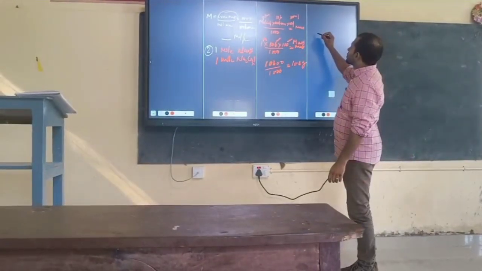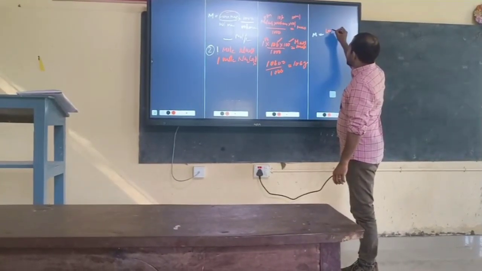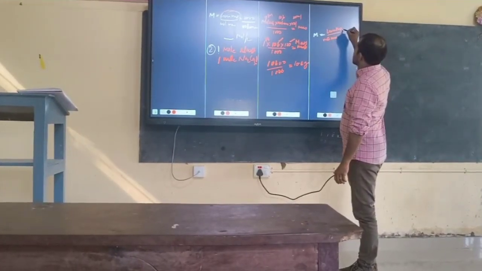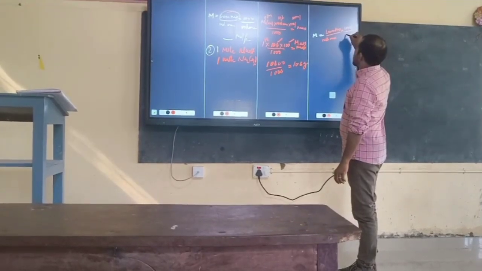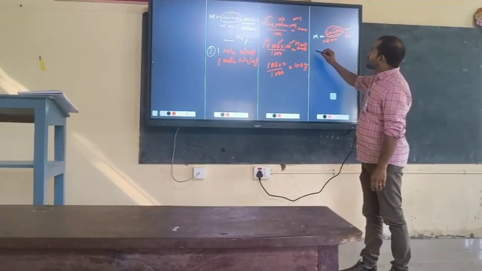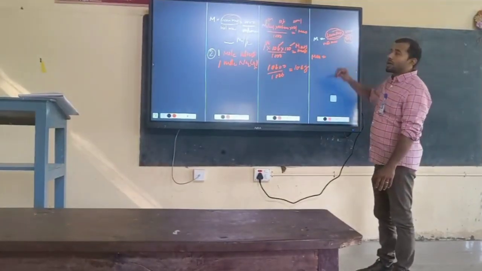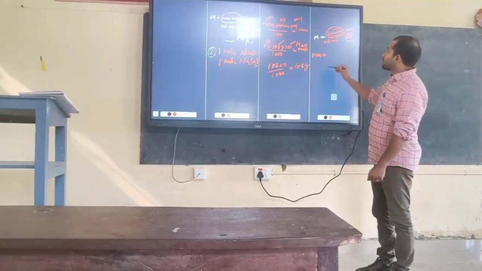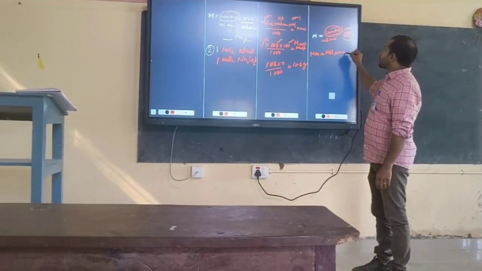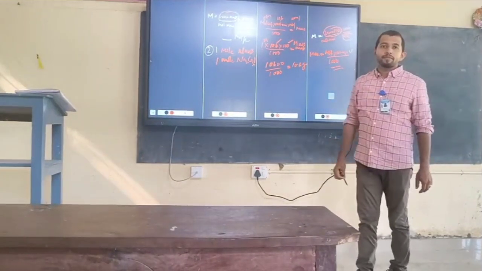So we can conclude the equation for molarity is given mass divided by molecular mass into 1000 by volume. And if you want to calculate the mass of a particular substance required to prepare a particular volume of primary standard, we can use the equation mass is equal to molarity into molecular mass into volume divided by 1000. Is it clear for you?